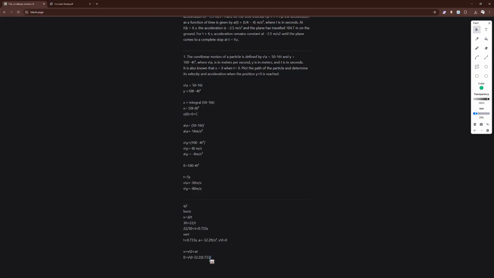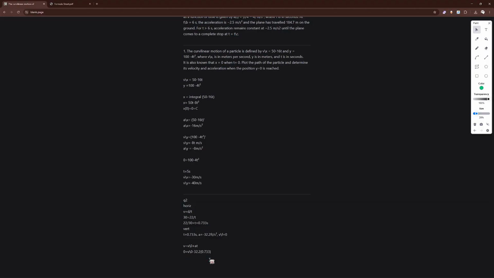Flip your signs and multiply by 32.2, your time value. You will get that V naught, also known as Vy, because that's the notation in the question, is 23.6 feet per second. Not meters per second, feet per second.